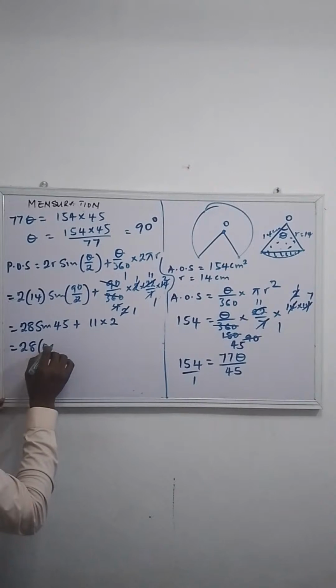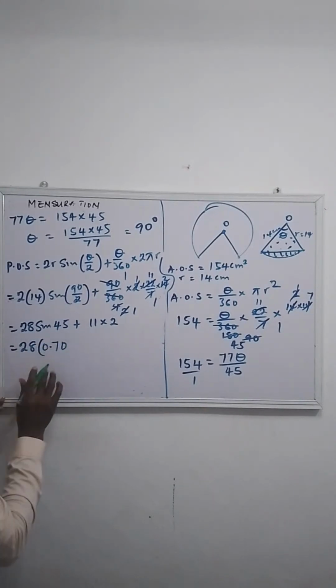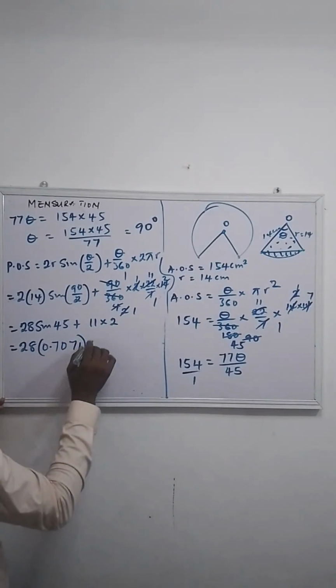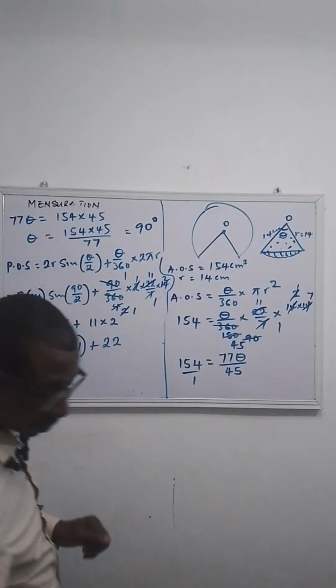That's what? You should be able to check that for me now. That's 0.7071. Confirm if this is correct. Plus 22. Okay. So now let's multiply this. Let's see what we have.